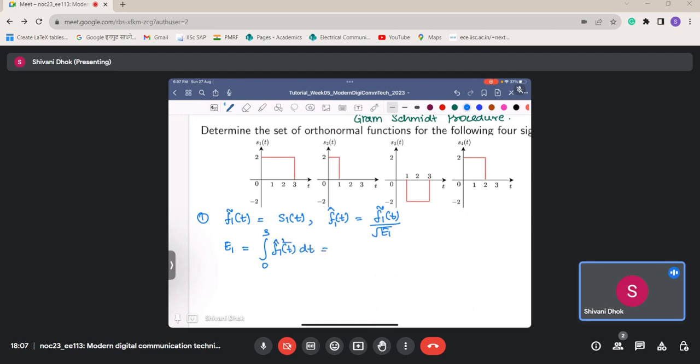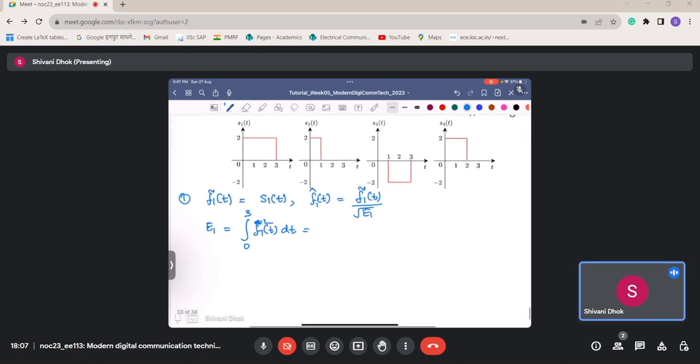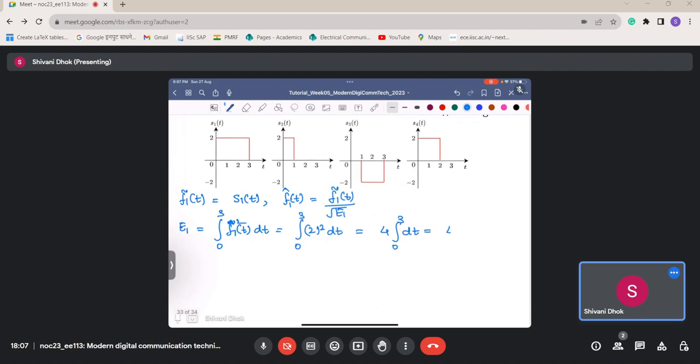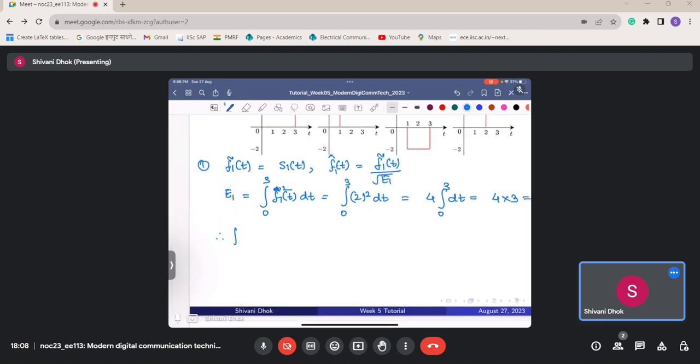Here f1 tilde is simply s1, so this will be the integral from 0 to 3 of 2 square dt, which is 4 into the integral from 0 to 3 of dt, which comes out to be 4 into 3, which is 12. Therefore f1 hat of t is simply s1 of t divided by root 12.